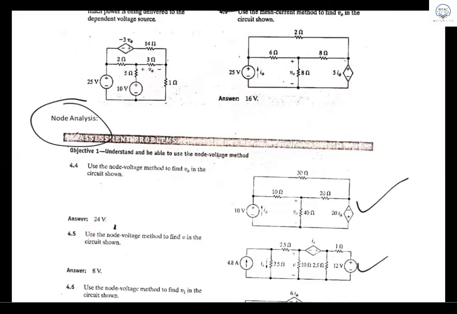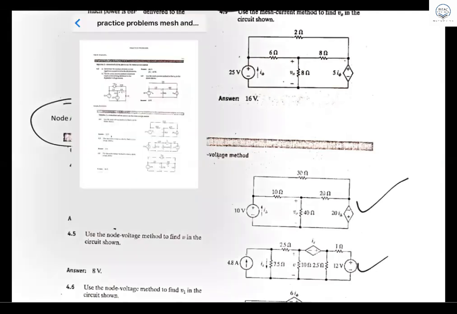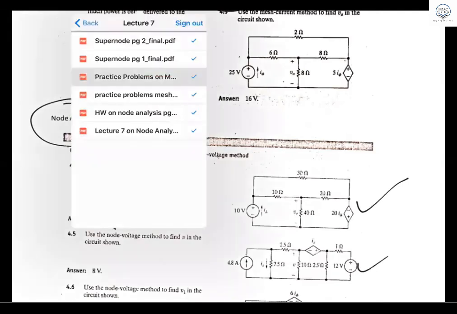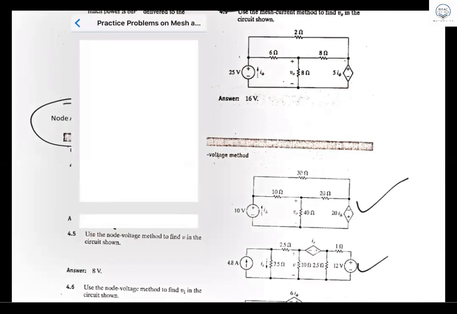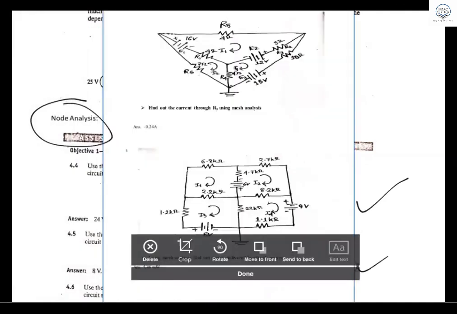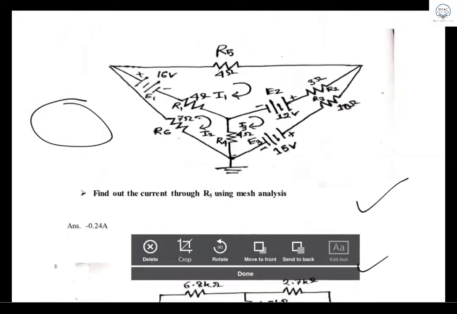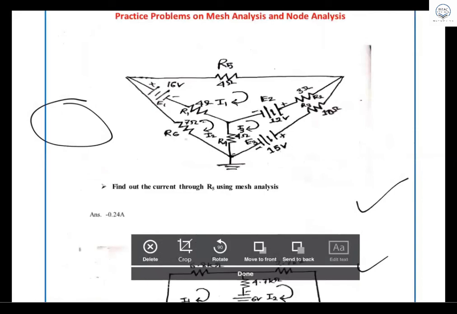Node analysis is done, so you have to solve the node analysis part by yourself. And then another practice problem from the book. No, you just follow these two pages. Actually the pages I have uploaded here, you can find it in the BOX. No need to search from anything. You never visited the BOX, that's the thing. You check the BOX, and all are given there.